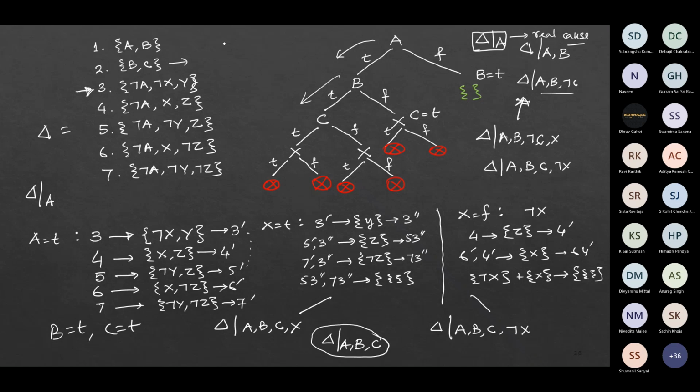Who is the real culprit is not observed by DPLL, right? And that's why you see we have 1, 2, 3, 4, 5, 6 contradictions before DPLL realizes that A equal to true is not the right option.